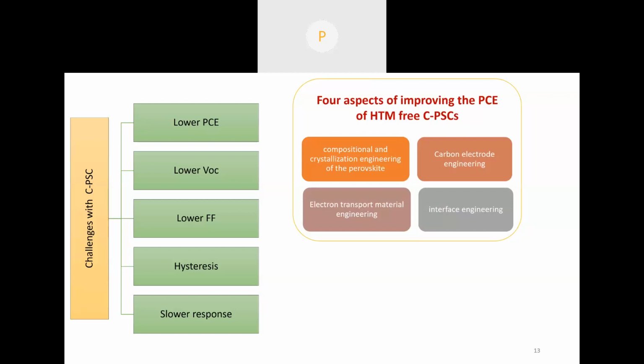In that case, losses are more, and your VOC is affected because of the quasi Fermi level. Another is electron transporting material engineering. We are using conventional TiO2 base, and we can improve that for better stability, along with interface engineering between the various layers. Next please.